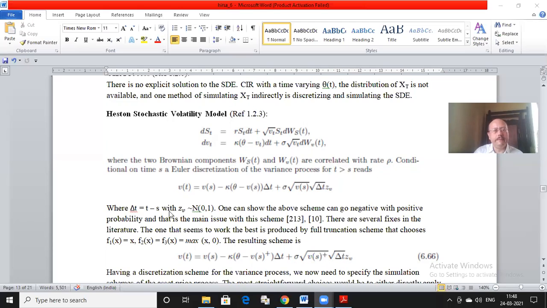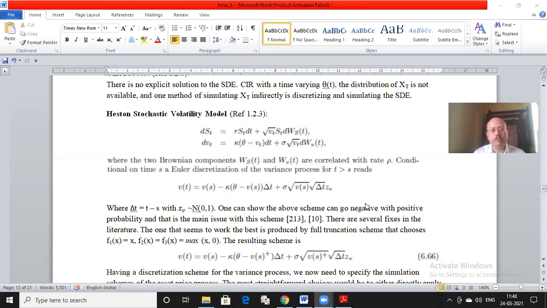So for any t greater than s, I can write V_t equal to V_s minus the strength part times delta t, now that replaces dt, sigma square root of V_s, so this is V_t evaluated at time s, W_V is replaced by square root of delta t times Z_V, where Z_V again as usual follows normal 0, 1. So delta t is my time step, t minus s.